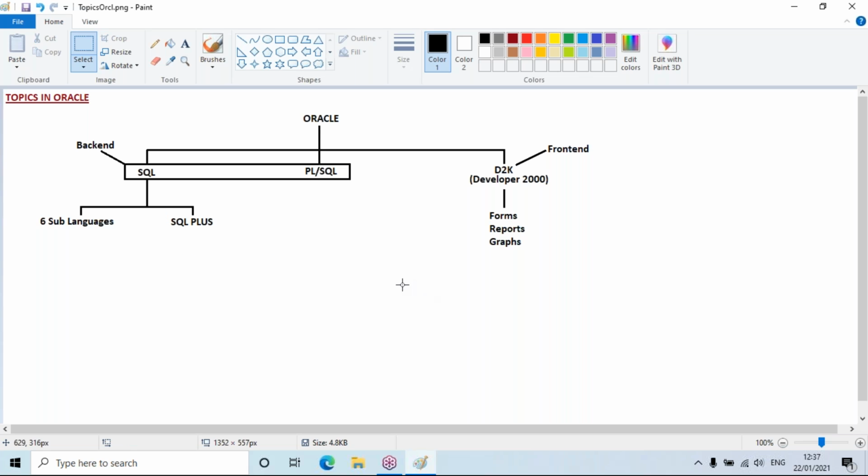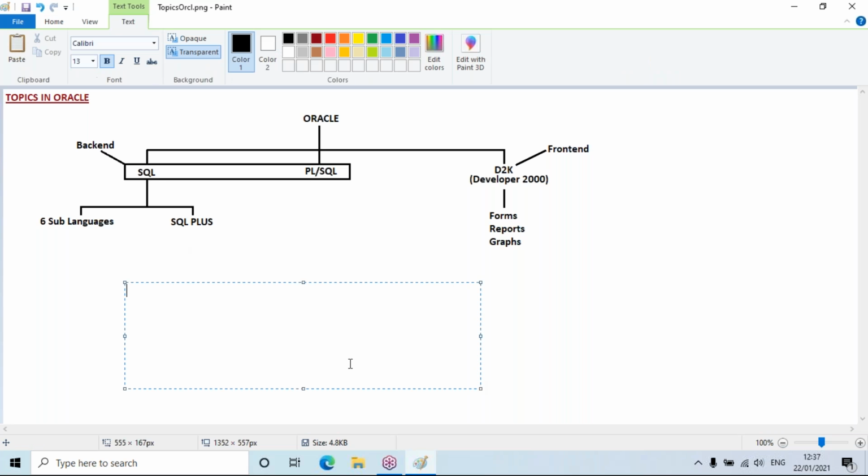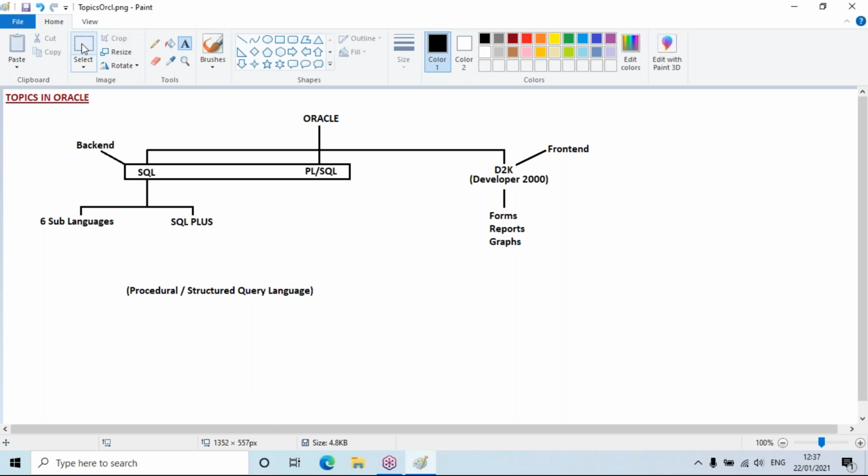SQL Plus, two things. Now coming to PL/SQL, which is called PL as procedural, and SQL is the same, structured query language. PL/SQL, procedural structured query language.